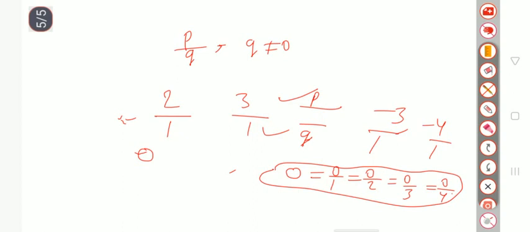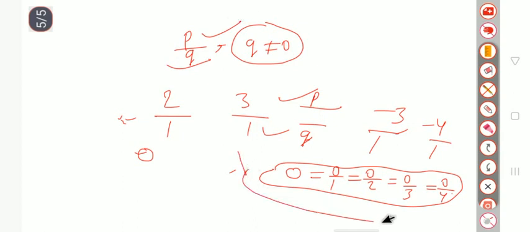So don't confuse denominator and numerator. Here q should not be equal to 0, means denominator should not be equal to 0. Numerator can be 0. There is no issue. I explained here 0 by 1, 0 by 2, 0 by 3, 0 by 4. So numerator can be 0.